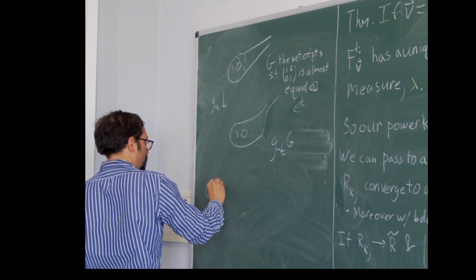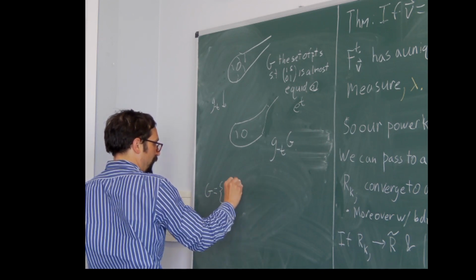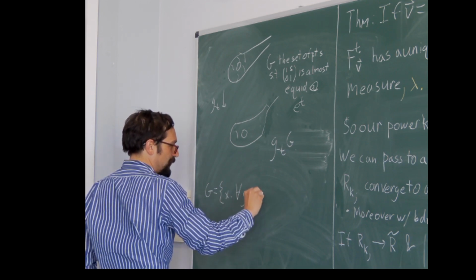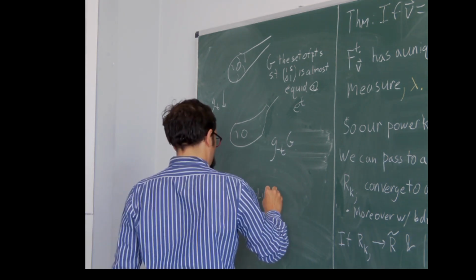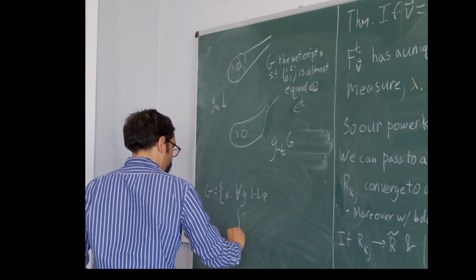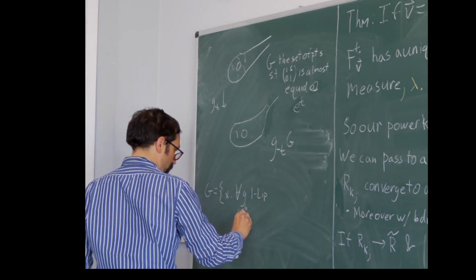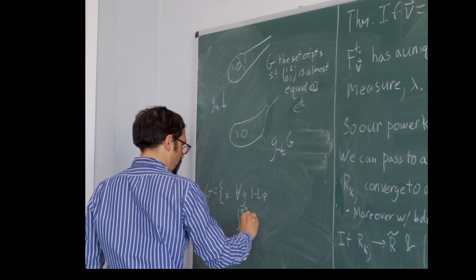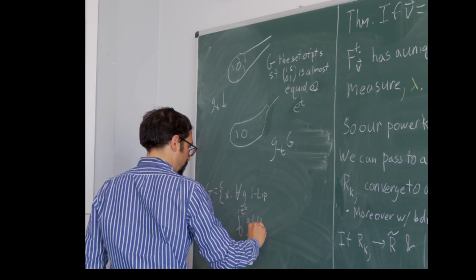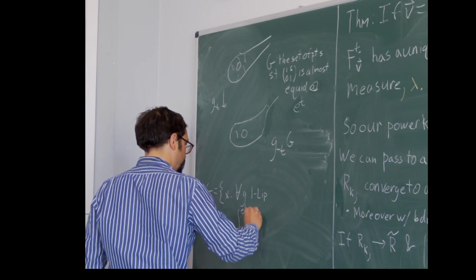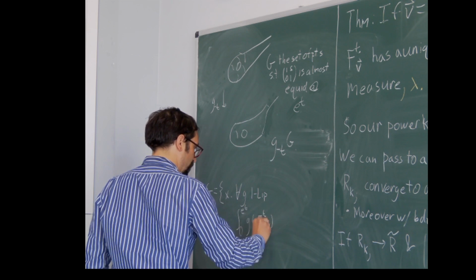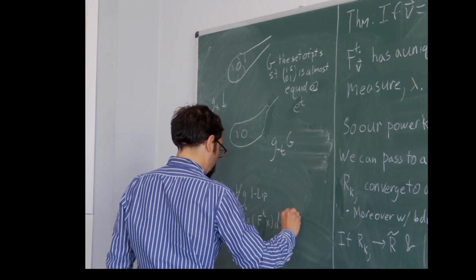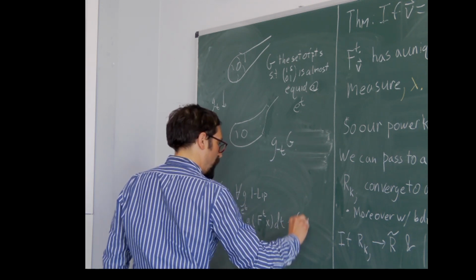G is going to be equal to the set of all x, so that for all G 1-Lipschitz, the integral from 0 to e to the t of G of u sub t, let's call it f to the t of x, dt minus the integral of G, Haar.